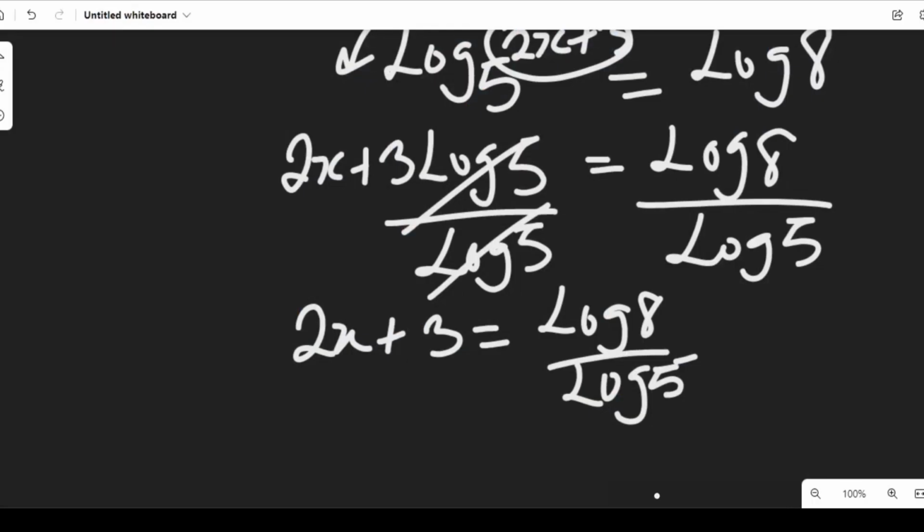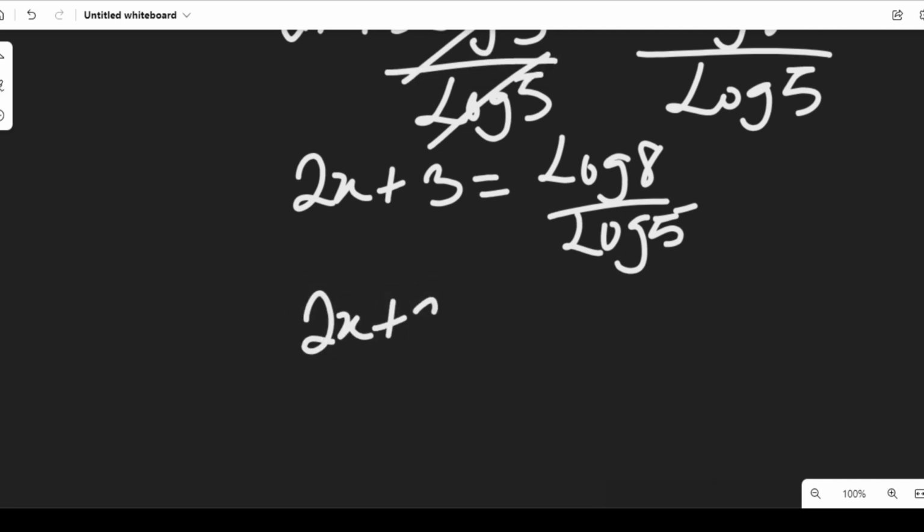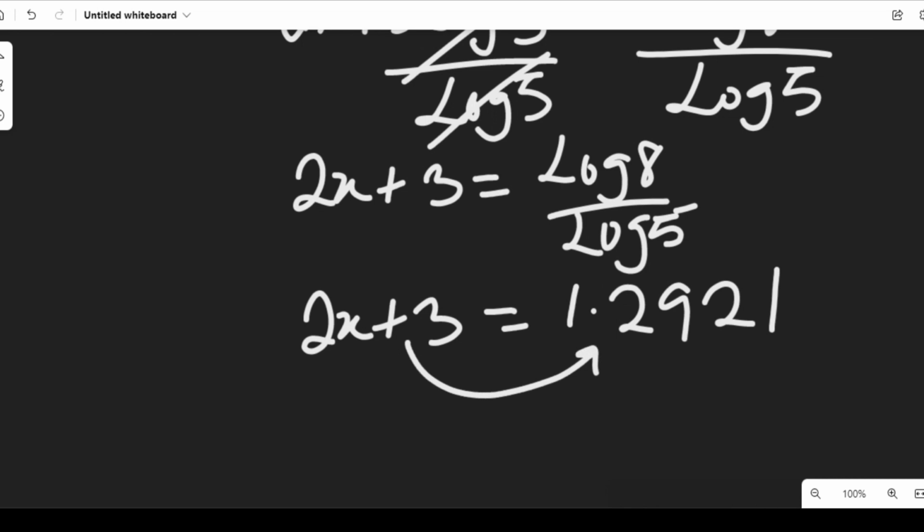So if we divide these values, we'll get log of 8 over log of 5, and we'll have 2x plus 3 equal to 1.2921.